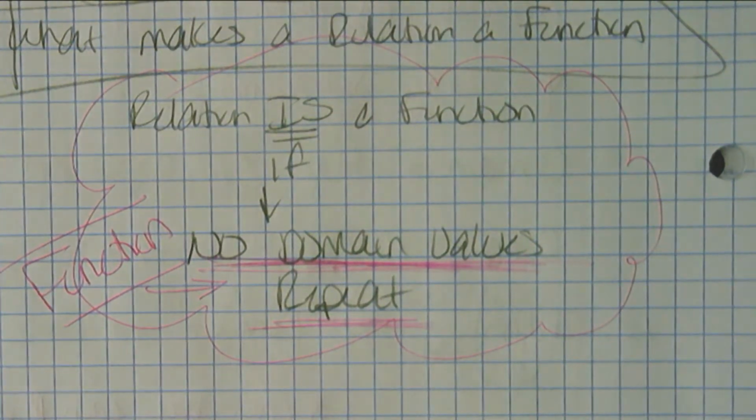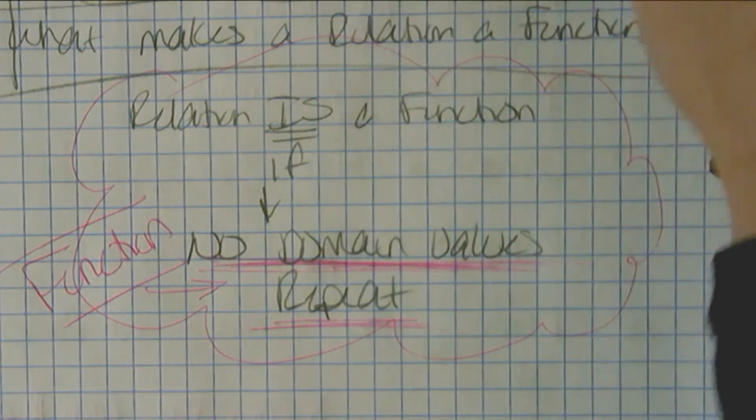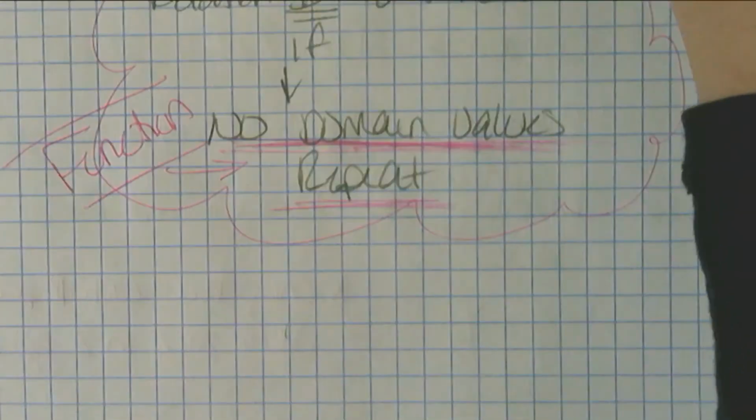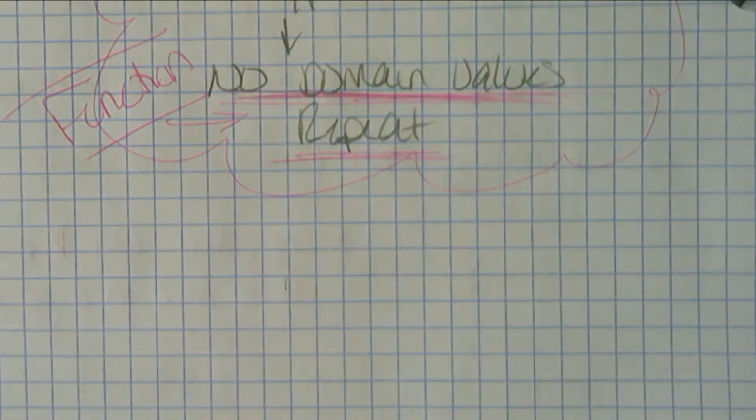So I'm going to show you two tables. All right, two tables of values, and you're going to tell me if the table is a function or not a function. Are you guys with me? Okay. So what we're looking for is, do the domain values repeat?